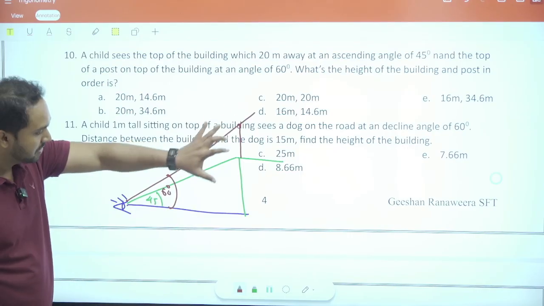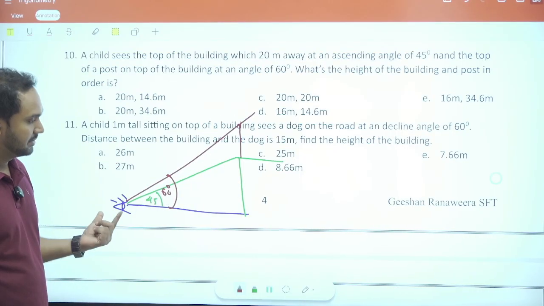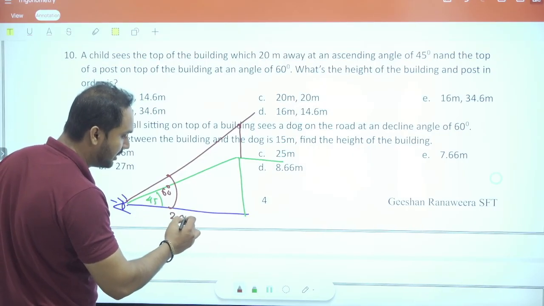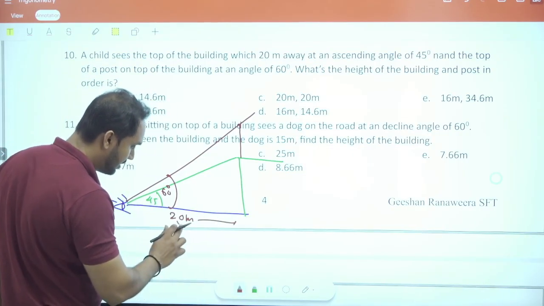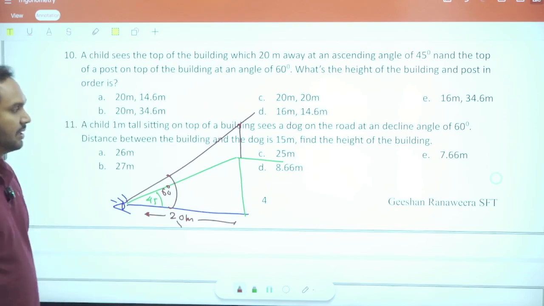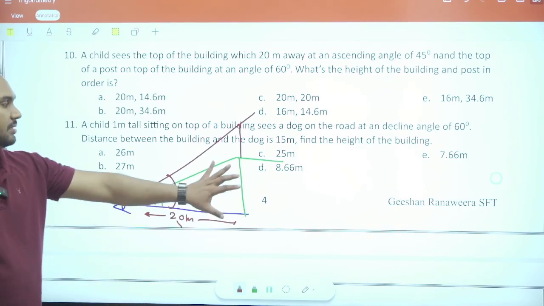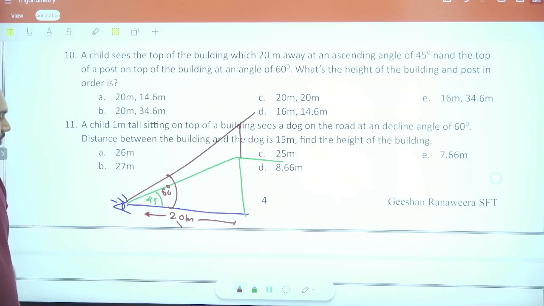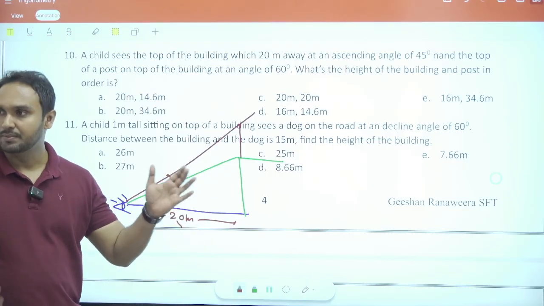This is the post, this is the building. This is the child side, and the distance between the building and the child is given as 20 meters. Now you have to find the heights of the building and the post, right? So how do you find the height of the building now?